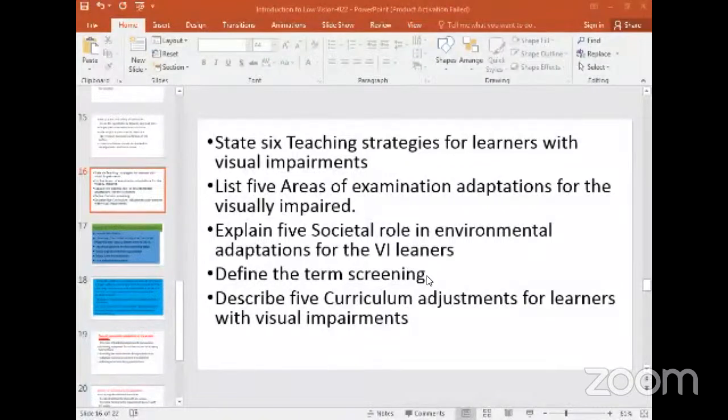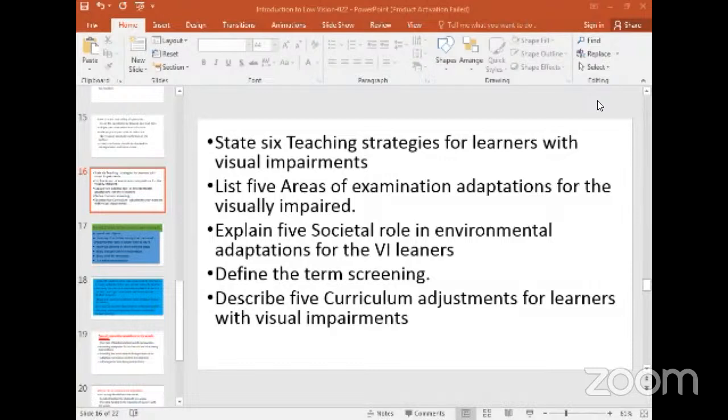If they level the grounds or they make the environment VI friendly, the VI affected person will not get involved in accidents. Because if, for example, the ground is not properly leveled, they will stumble and get hurt. That's very true. Thank you very much, Josephine.